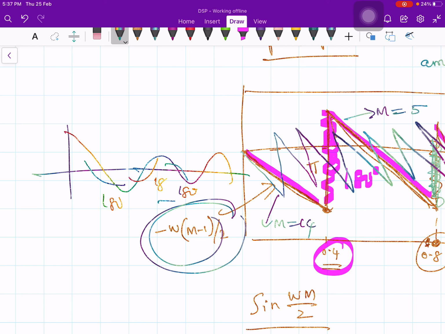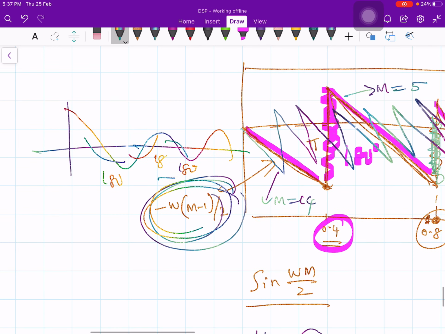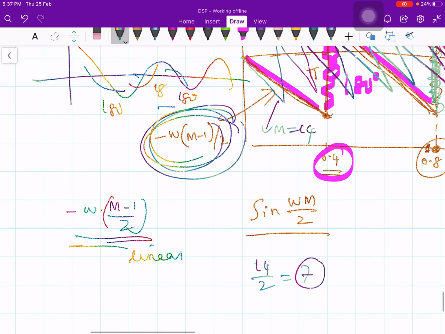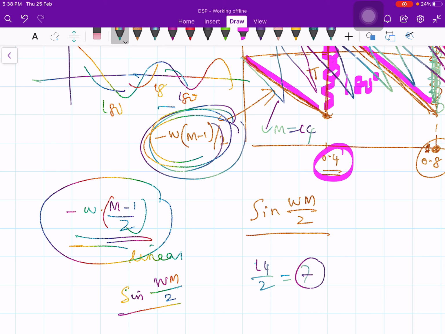So you cannot simply say that the phase is linearly negative. See, if this term alone is there, minus omega times (M minus 1) by 2, then the phase is linear. But here the phase is not linear. In addition to this, there is one more phase transition. That phase transition comes because of this guy, sin(omega M by 2) divided by sin(omega by 2).